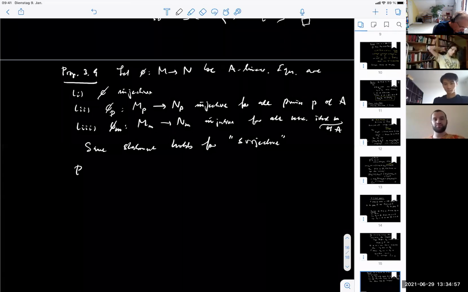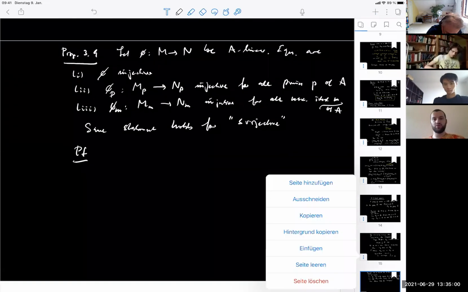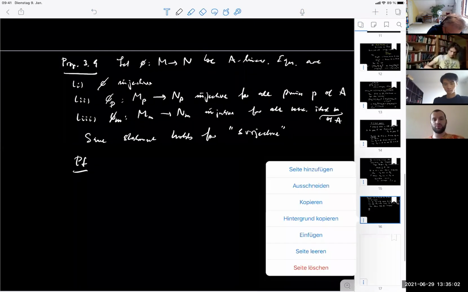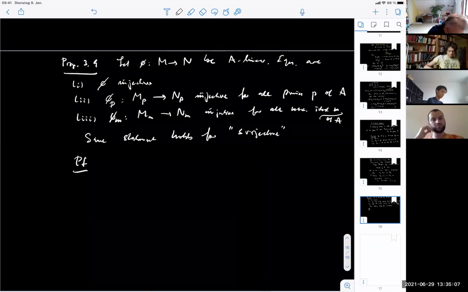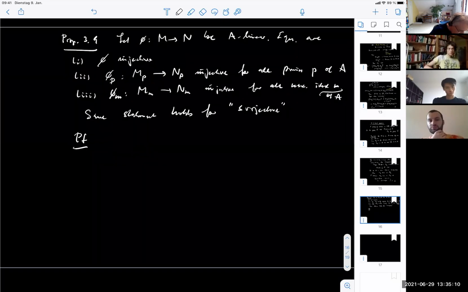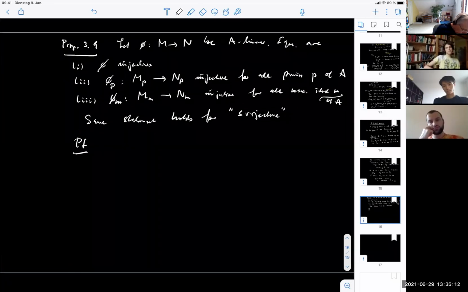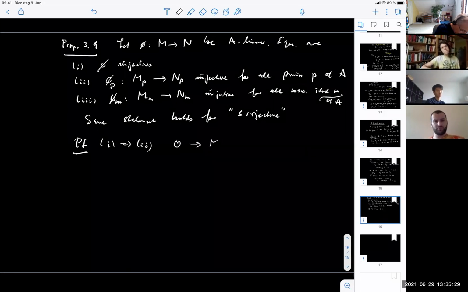So, proof. Sorry, let me put something black here, otherwise the white color is a bit disturbing. So how do I go from 1 to 2? That's easy. I use the exactness of the localization functor. If I have an injective map, I can write it as a diagram.